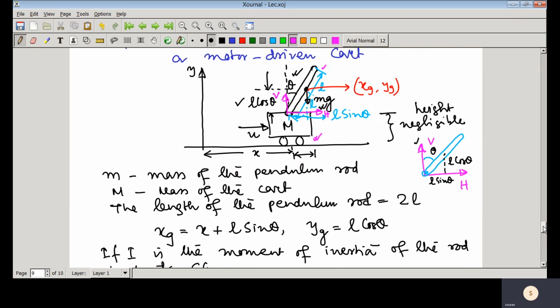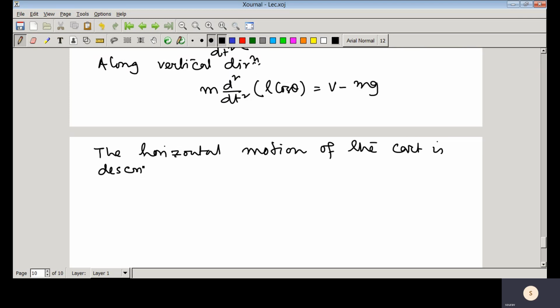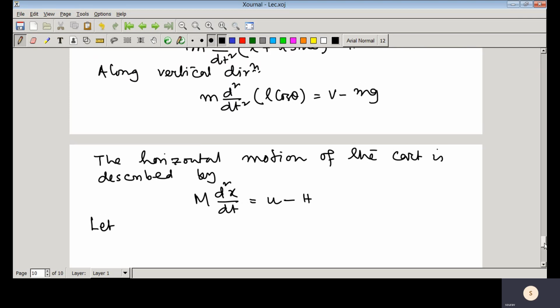Now we are writing the equation for the cart. For the cart, the horizontal motion of the cart is described by m d2x by dt2 equal to u minus H, where u is the applied force and H is the horizontal force.